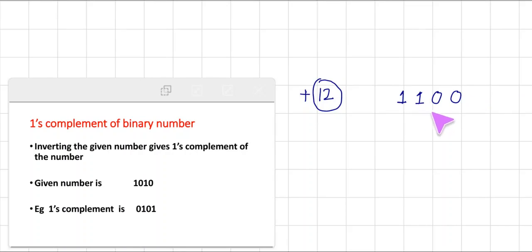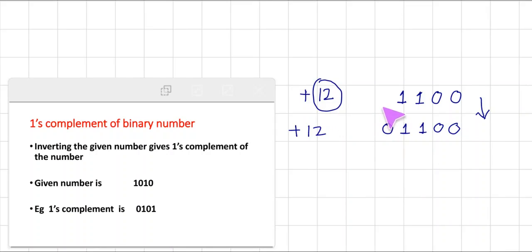So if you want to represent a positive 12 in ones complement form, we have to keep this number as it is, that means 1, 1, 0, 0, and the corresponding sign bit is 0.